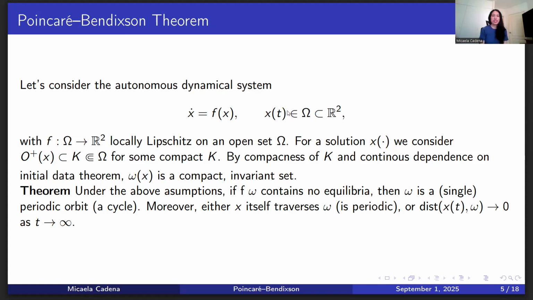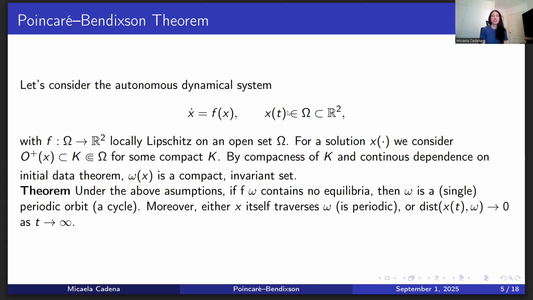Thanks to the characterizations of the omega limit set in terms of the forward half orbit, we would also have that the omega limit set is a subset of K. Therefore, the omega limit set is compact, and by the continuous dependence on initial data theorem, we would also get that the omega limit set is an invariant set.